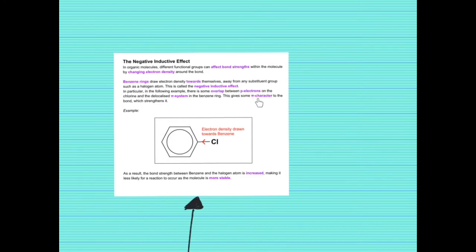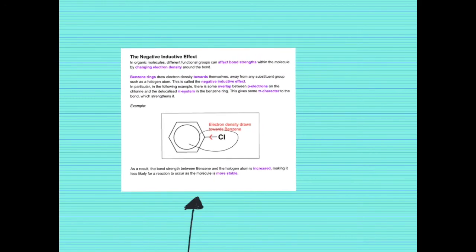It gives some pi character to the bond and it strengthens it. So what essentially happens is it brings that into its delocalized system so that you've got an even stronger bond. As a result, the bond strength between benzene and the halogen atom is increased, making it less likely for reaction to occur as the molecule is more stable.